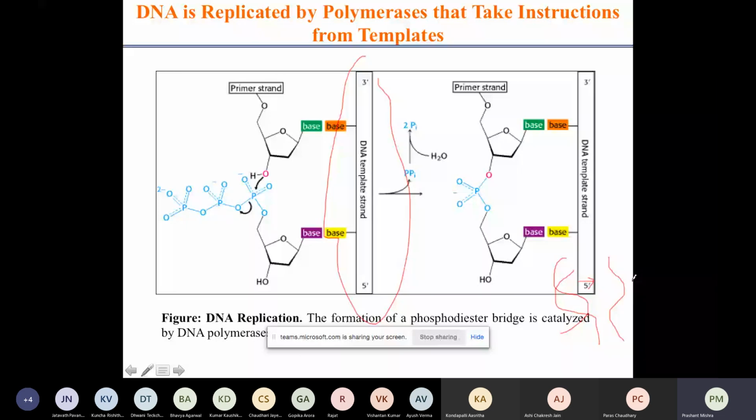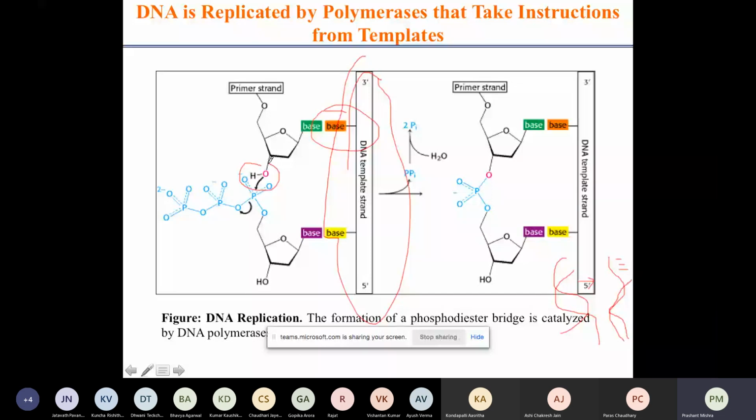And suppose some part is opened up. So the nucleotides will come. Once these nucleotides come, they are going to add up on the primer, which is unfolded. So this is the DNA template where you have the bases. Now this base is already present. Now what is happening? Look at this.